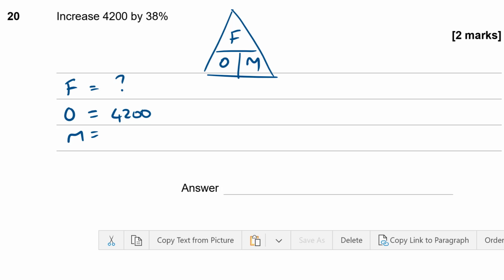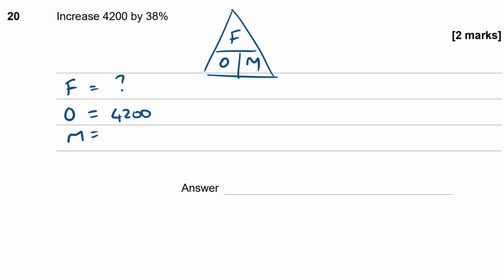Well, it's a percentage increase question. If I start with 100%, which I always do, and I increase it by 38%, I've now got 138%, which as a decimal is 1.38.